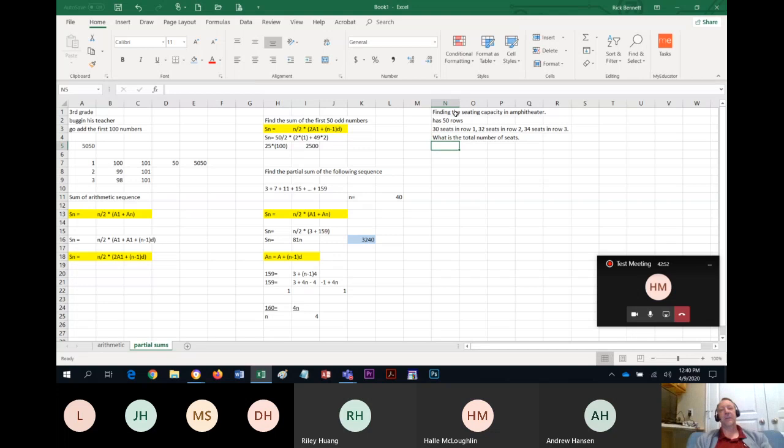So once again, this is something where you could list out all 50 rows and you could get the right answer. And if this is a test question, you're going to run out of time. So how would you guys do this one?